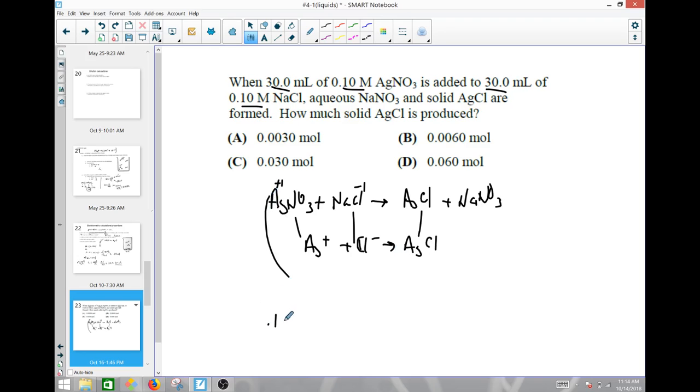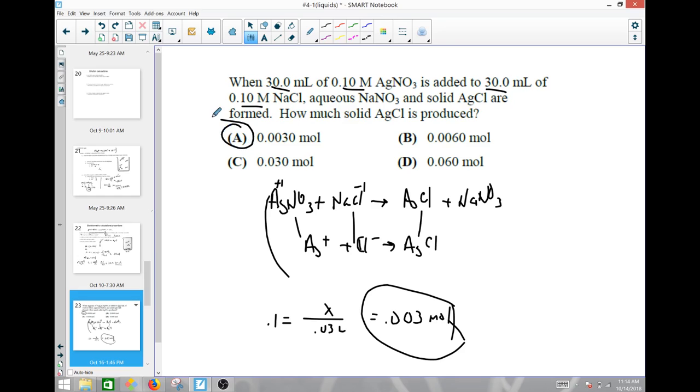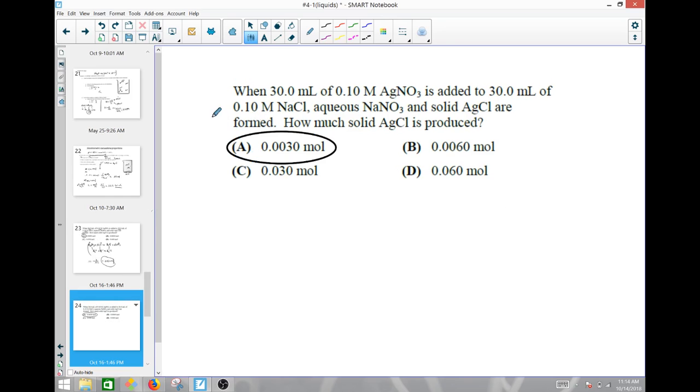It's 0.1 equals X moles over 0.03 liters, and the answer is 0.003 moles. And of course, they're checking to see if you understand the idea of limiting reactant and running out of reactant. So straight up the alley of stoichiometry.